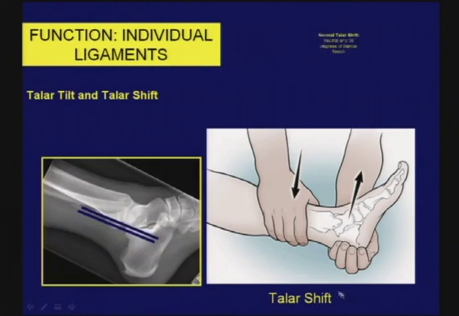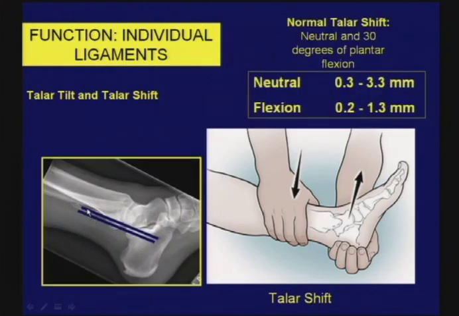In terms of the talar shift, you have to draw lines that are tangent with the posterior surface of the talus and the posterior surface of the tibia. The talus translates forward, this distance increases, and this is done in neutral and 30 degrees of plantar flexion, with these as the values cited in the literature.